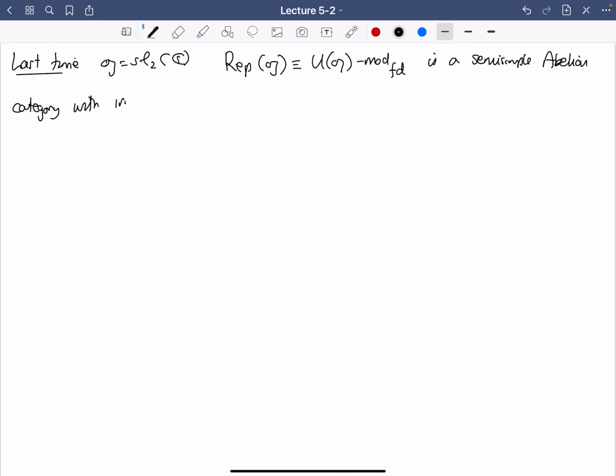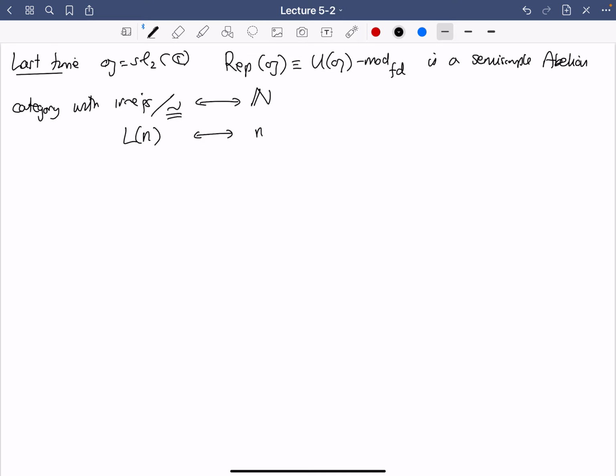We'd classified the irreducible objects in that category, the irreducible modules, up to isomorphism in rep G. They were labelled by the natural numbers. So natural number n, I was denoting the irreducible up to isomorphism labeled by that n by just L of n.